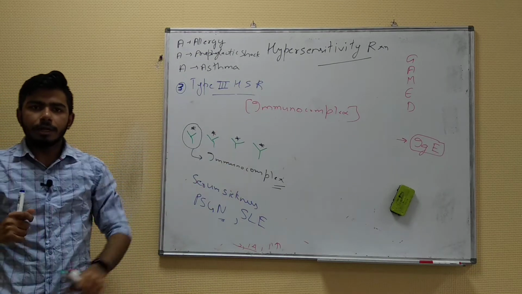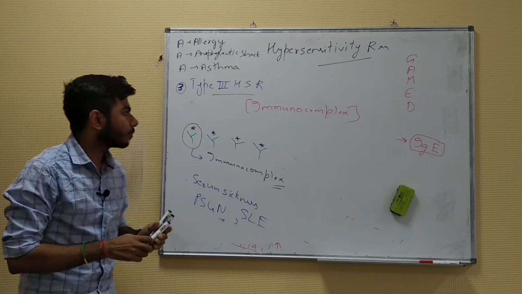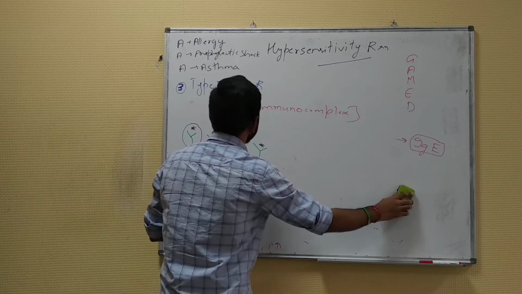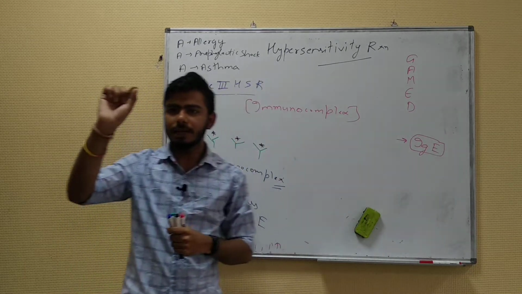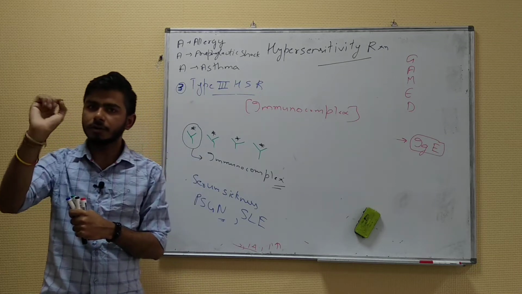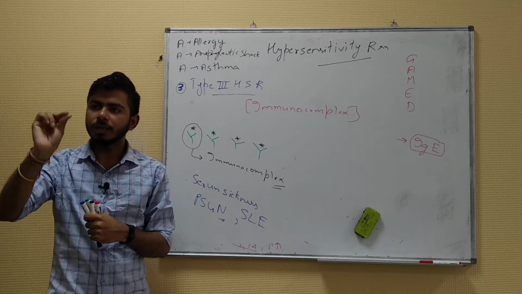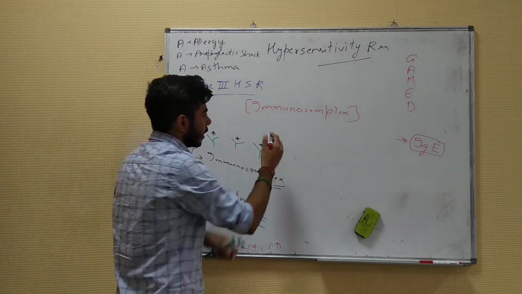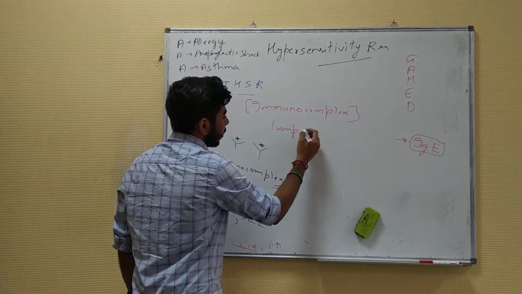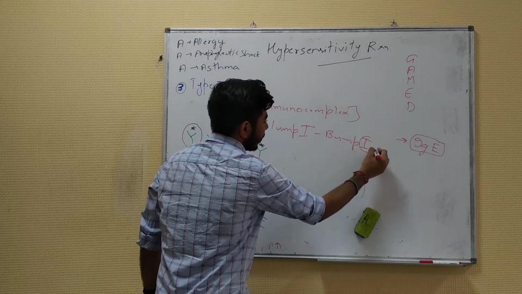Okay, now coming over to the type 4 hypersensitivity reaction. So what was the mnemonic? ACID, right? A for type 1, C for cytotoxic, which was type 2, I for type 3. So I means immunocomplex, and they will be having a lumpy and bumpy kind of pattern.